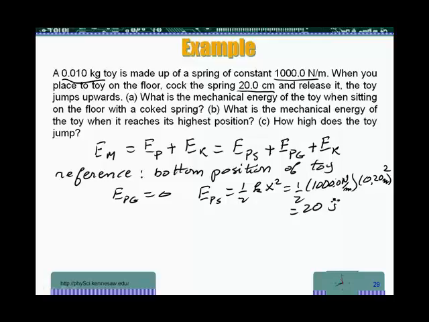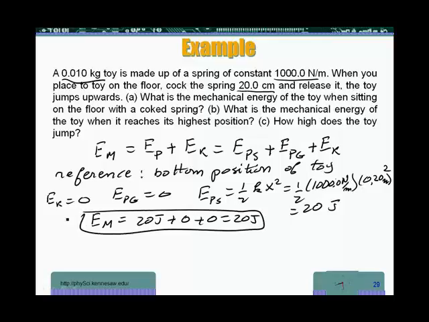It didn't start moving, so its kinetic energy is equal to 0. So the mechanical energy of the toy at that initial position is the spring potential energy, 20 joules, plus the gravitational potential energy, 0, plus the kinetic energy, 0. So overall, it is 20 joules. That's my answer for part A.